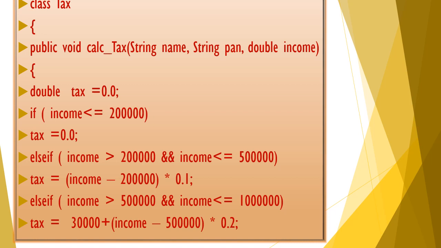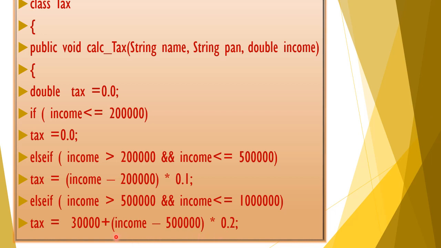And the next condition, else if income greater than 5 lakh and income less than or equal to 10 lakh, tax equals 30,000 plus income minus 5 lakh star 0.2.